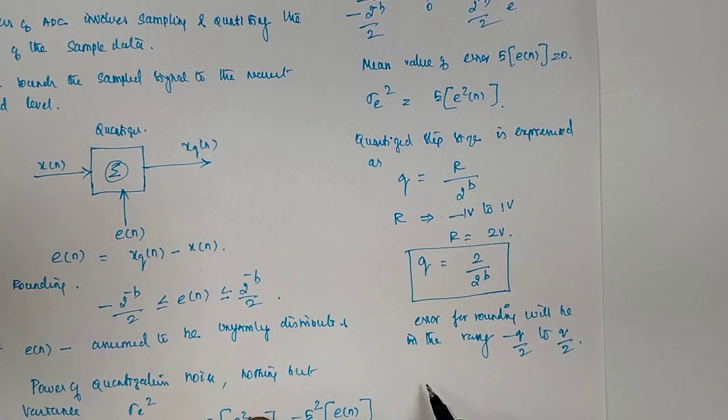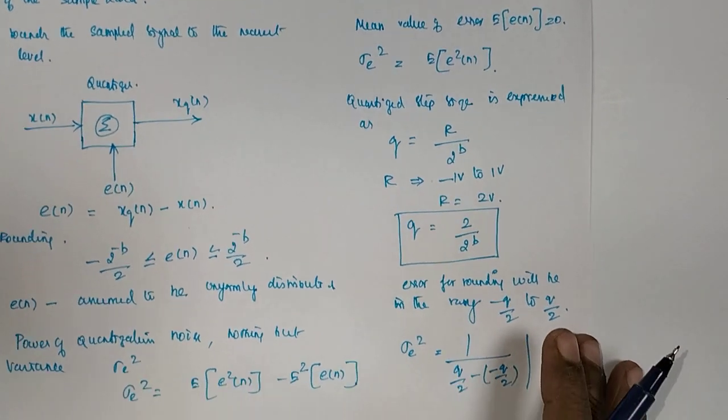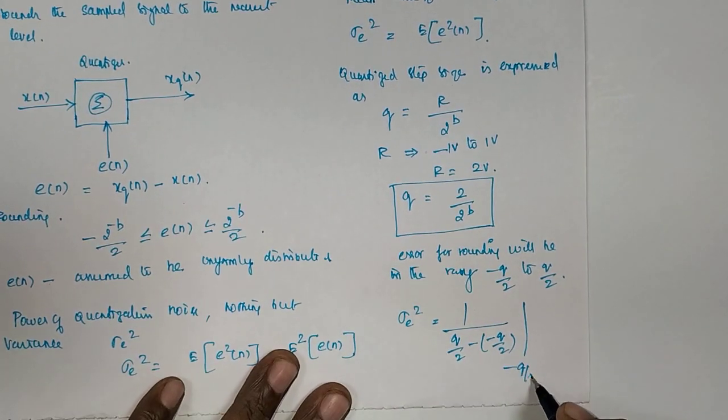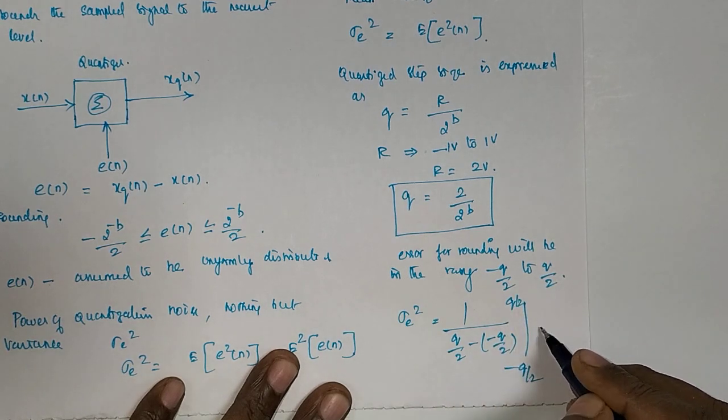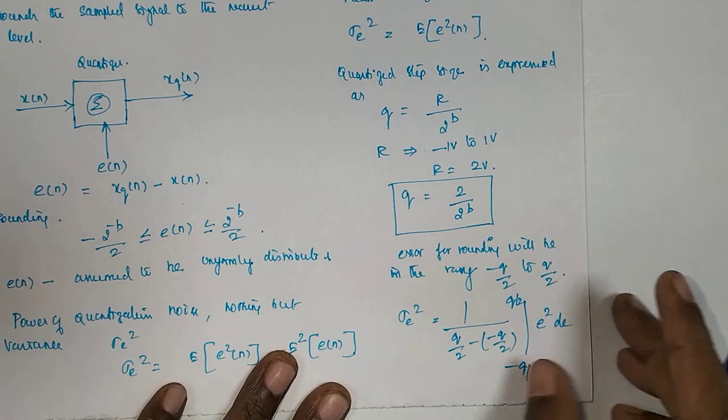So from this, the variance of the error signal is equal to 1 by q times the integral from minus q by 2 to plus q by 2 of e square de.